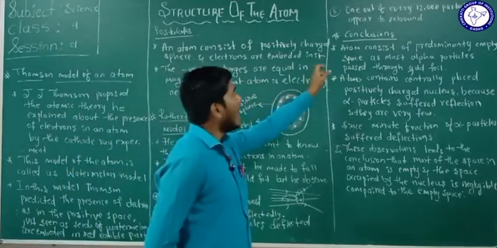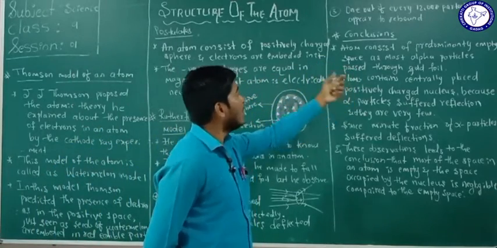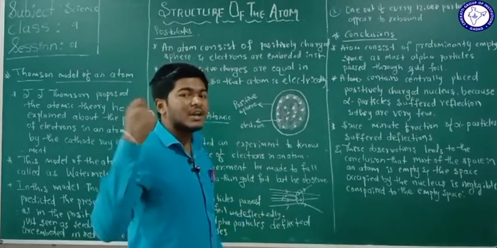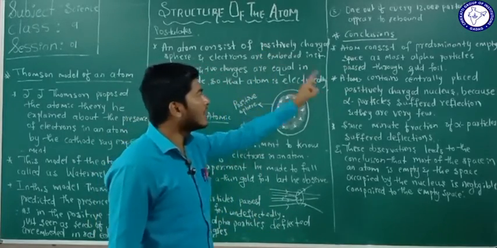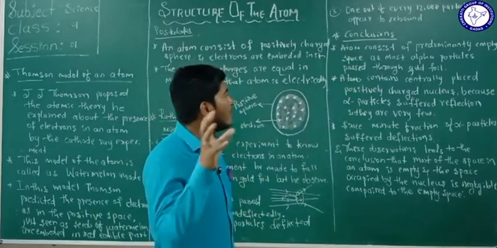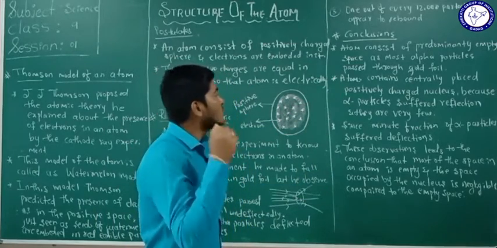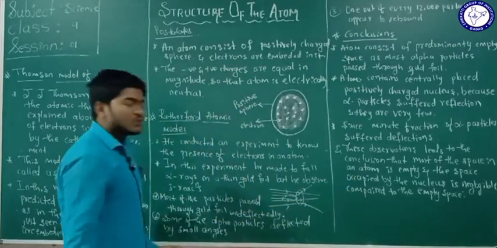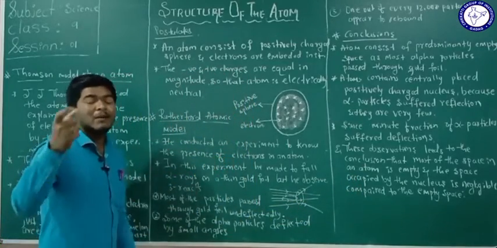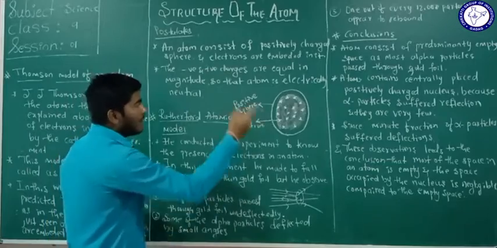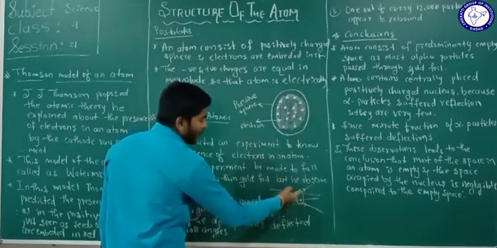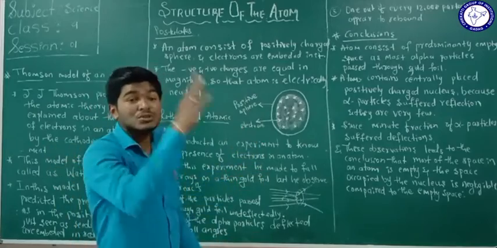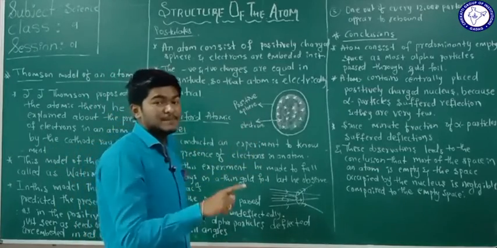That is, an atom consists of predominantly empty space. From these three observations, he came to the conclusion that an atom consists of predominantly empty space, as most of the alpha particles pass through the gold foil. Most of the atom consists of free space.